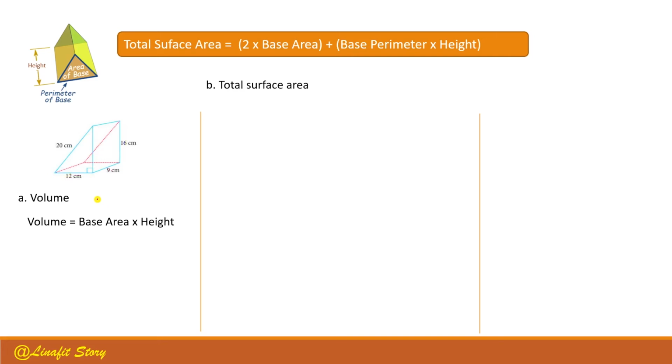To get the area of a triangle is base times height divided by 2. So 12 times 16 divided by 2 is 96. 96 times the height of the prism, 9 cm, is equal to 864 cubic cm.